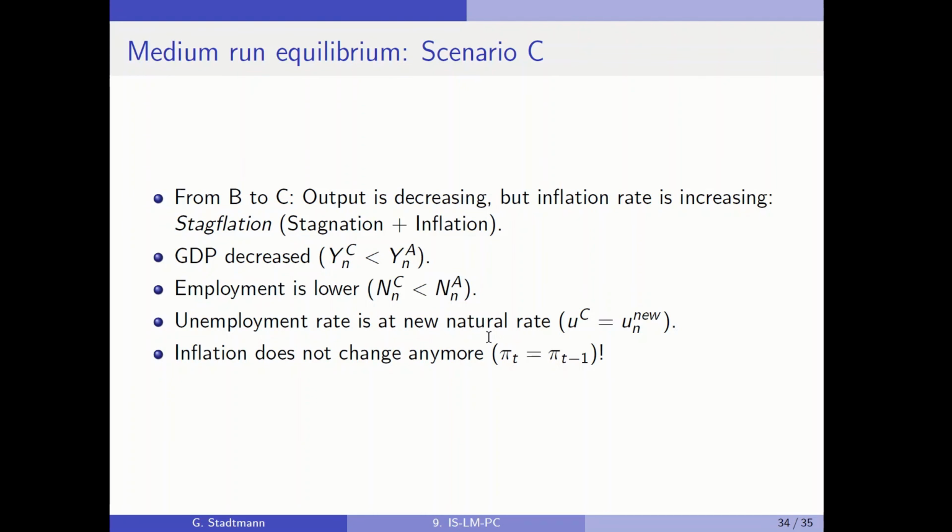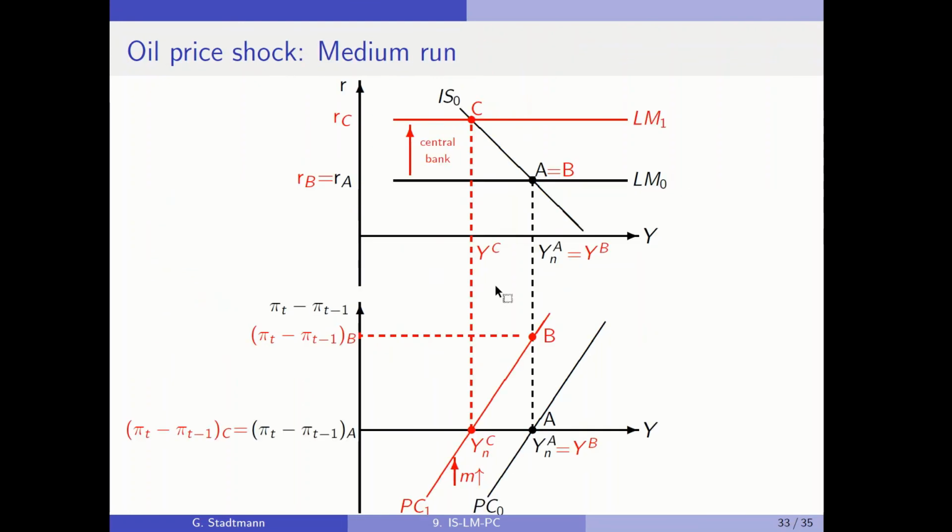Employment in scenario C is lower than the employment in scenario A. The new unemployment rate in scenario C is equal to the new natural level of unemployment, and hence inflation does not change anymore. In scenario C, the inflation is also constant.